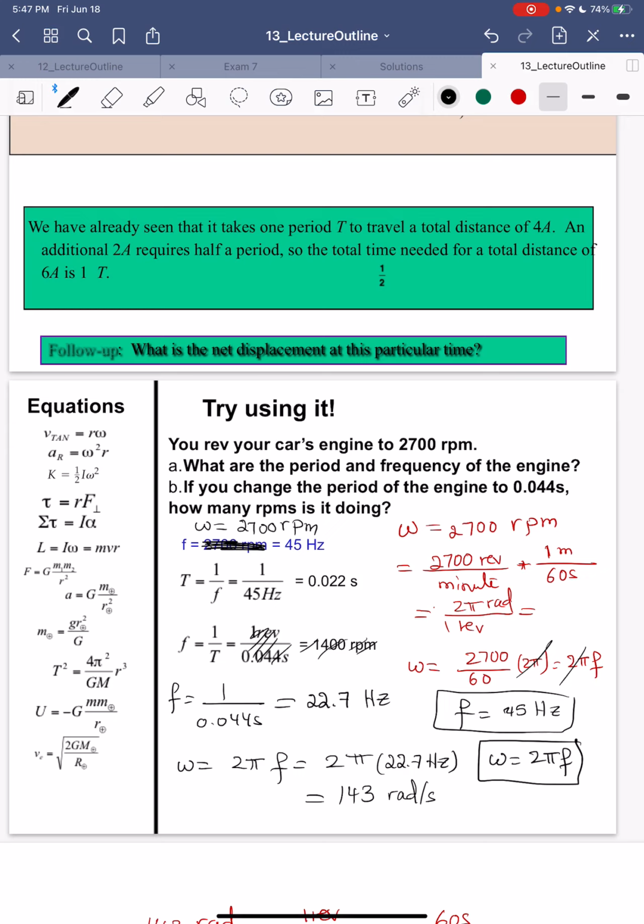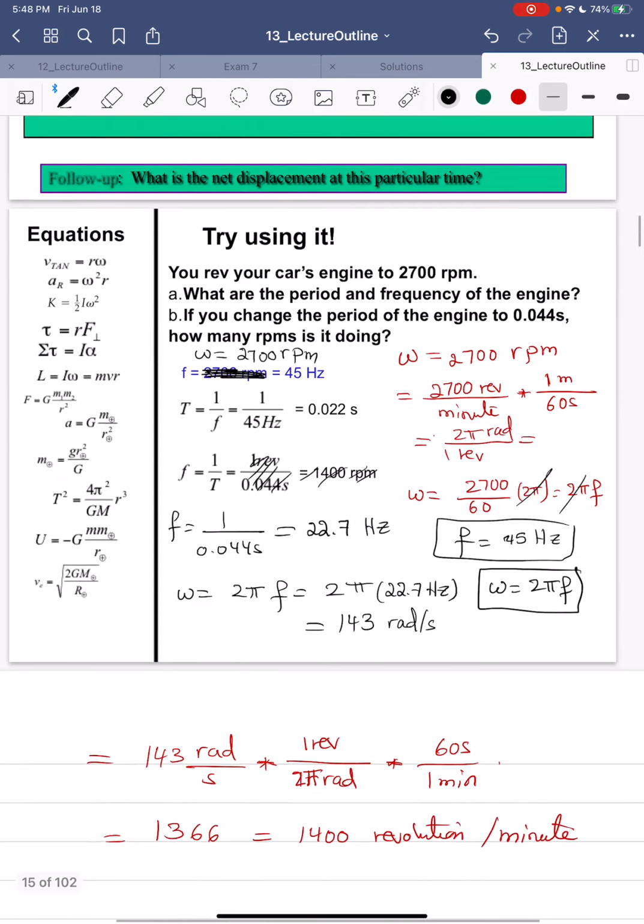Now the question is asking, if you change the period of the engine to 0.044 seconds, how many RPMs is it doing? Then I will first calculate the frequency as 1 over T, 1 over 0.044 seconds, and this is going to be 22.7 hertz. I can calculate omega as 2 pi times the frequency, in radians per second.